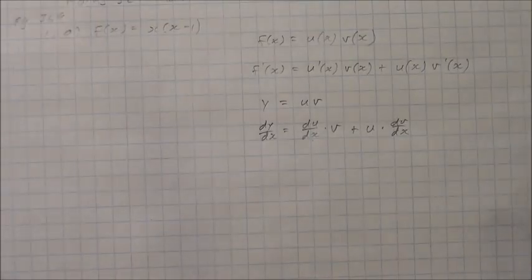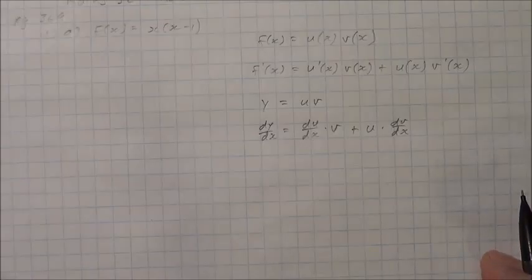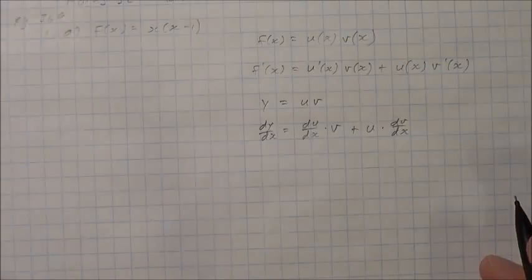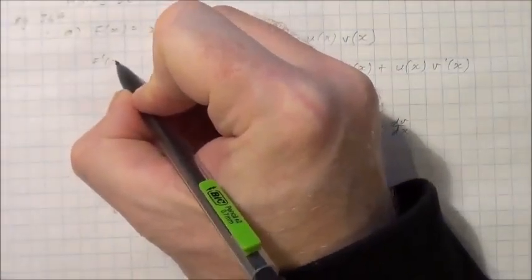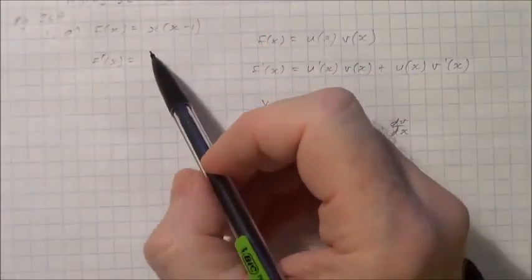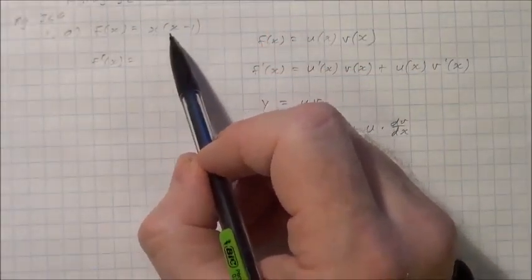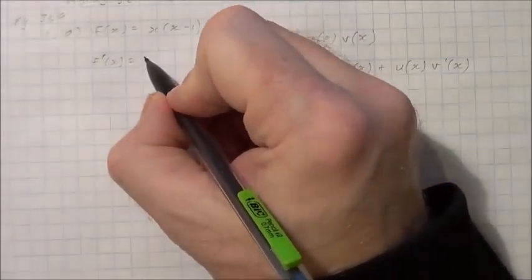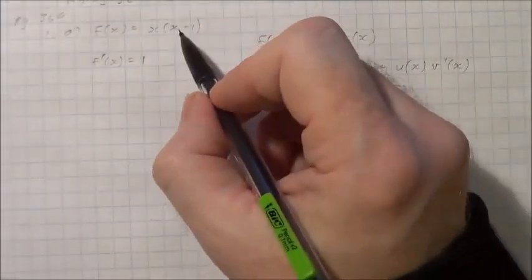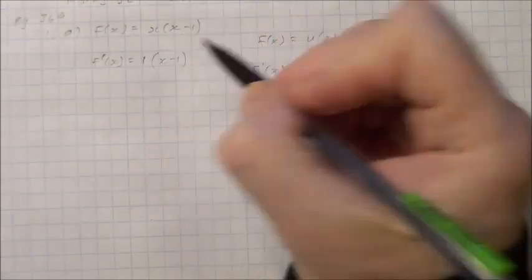Okay, so let's take a look at part A, where we have f of x equals x, quantity x minus 1. So there's nothing really to rewrite there, so we can just go ahead and take the derivative of that. So f prime of x. The first function is x, the second function is x minus 1. So the derivative of the first is just 1, and we multiply that by x minus 1.